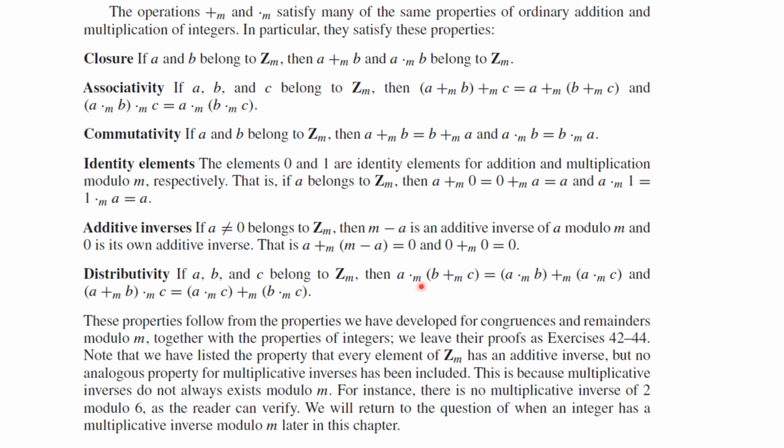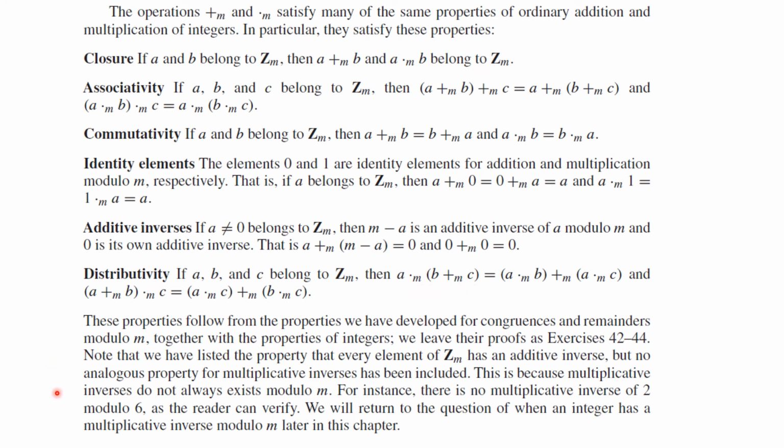That is, A added with modular arithmetic to m minus A is equal to 0, and 0 plus 0 is 0. We also have a distributive property. If A, B, and C belong to Zm, then you can distribute and you get the same results. So we're distributing modular multiplication over modular addition.